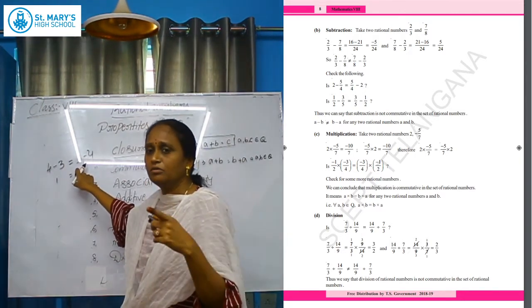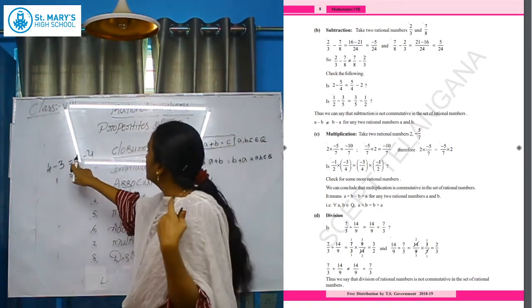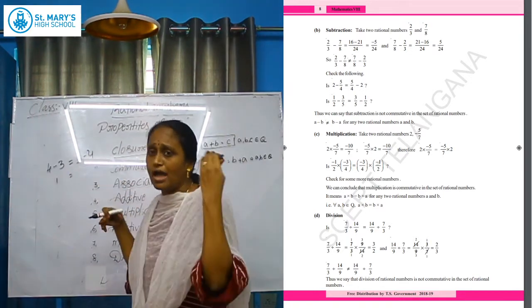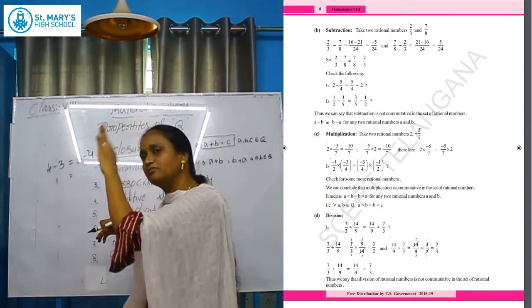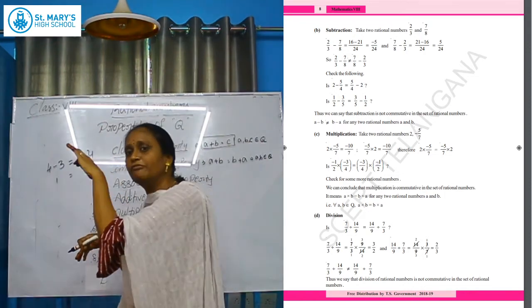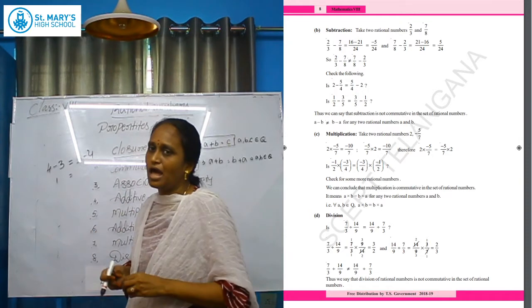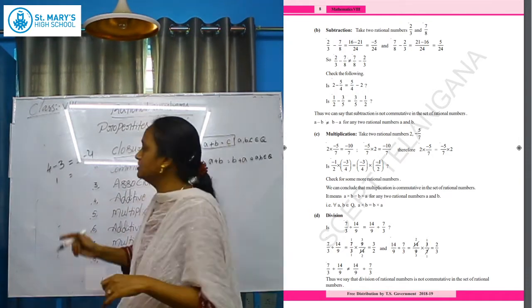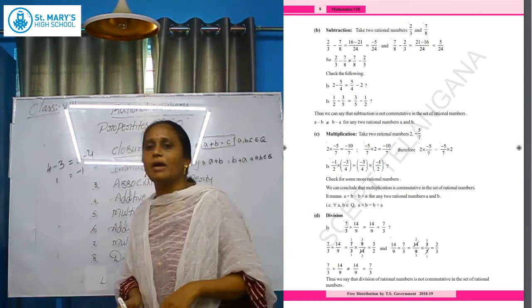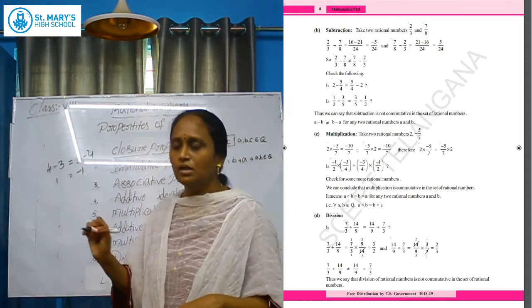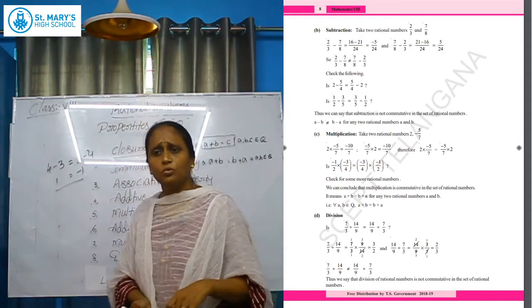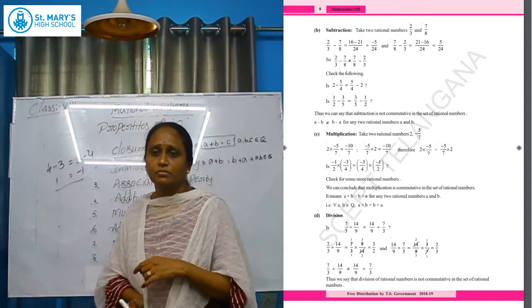We have to keep the sign of the biggest number. 3 minus 4. How am I reading? 3 minus 4. The minus belongs to the 4. So that means 4 is the maximum number. What is the sign of the maximum number here? Minus. So that means 3 minus 4 equal to minus 1. Observe the result. 1 is not equal to minus 1. These two are not equal.